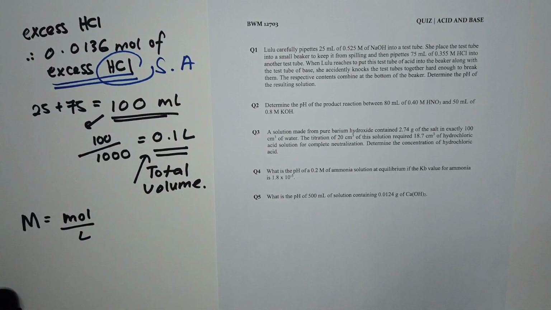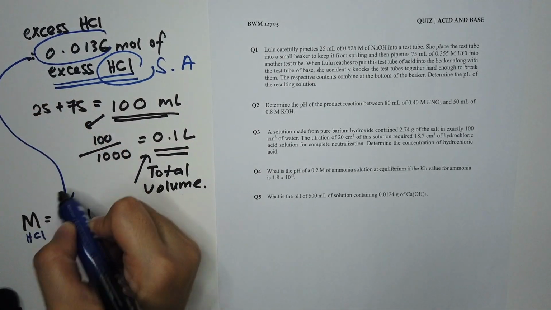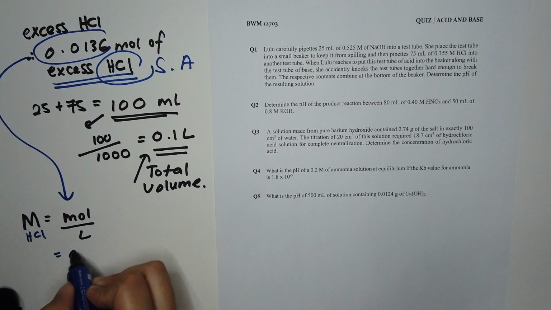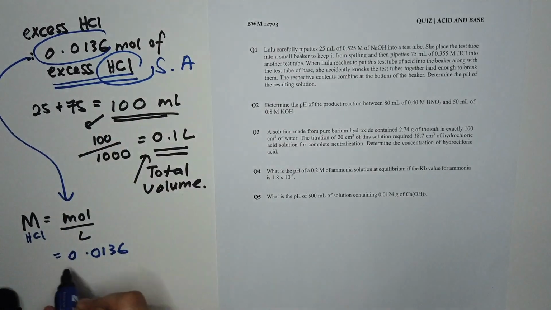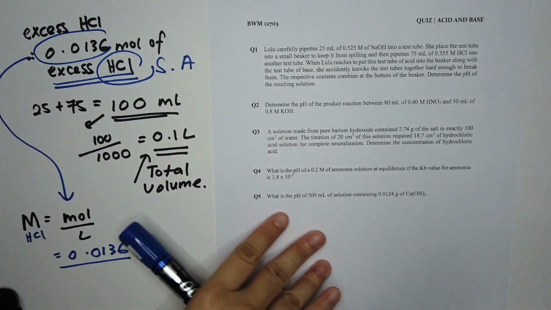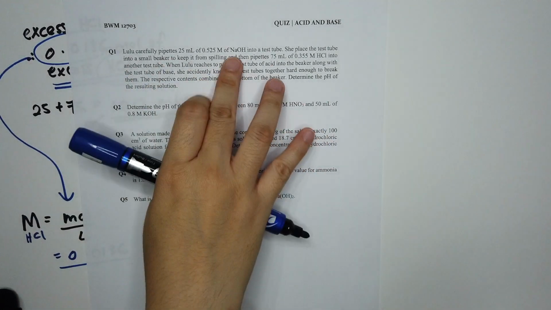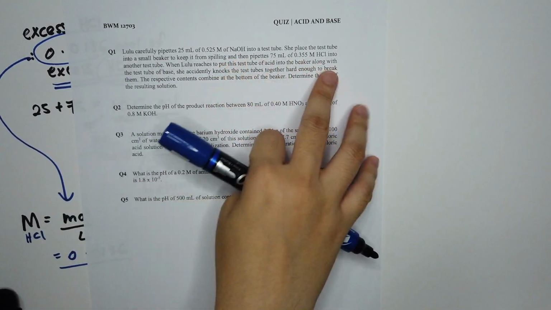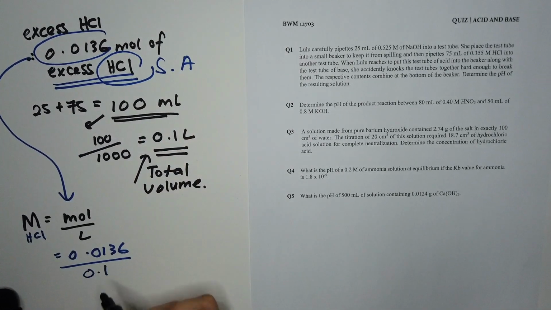The number of moles is that of the excess HCl, 0.0136, and the total volume of the mixture formed from sodium hydroxide and HCl is 0.1 liter.